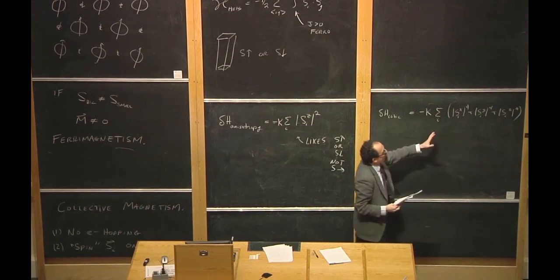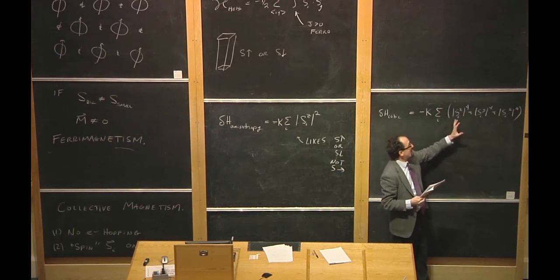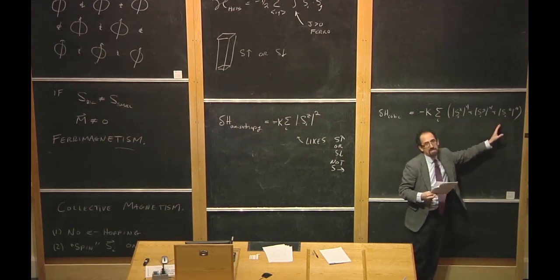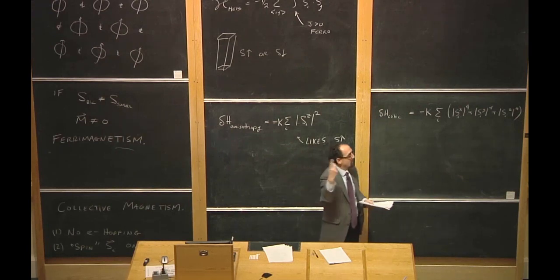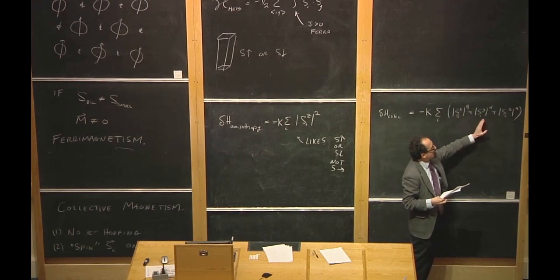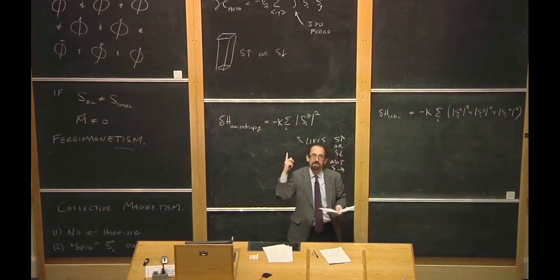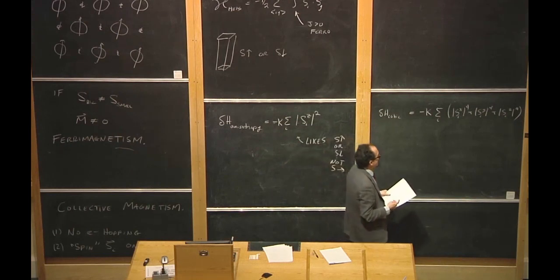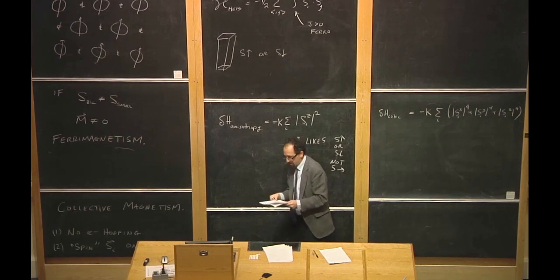The reason I wrote this to the fourth power is because if I wrote them to the squared power, then you just get sx squared plus sy squared plus sz squared, which is just s squared, and that doesn't care which direction the spin is pointing because it's just the magnitude of the spin. But if you write it as fourths, then this prefers to have the spin pointing along one of the crystalline axes, but not in between. So we might consider this one a little bit as well, but mainly we're going to focus on this one.